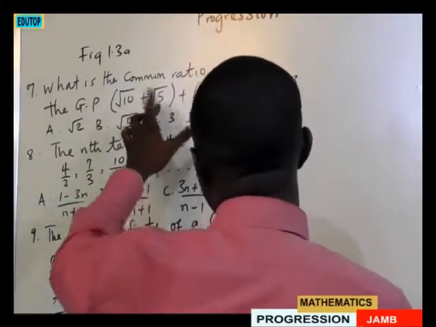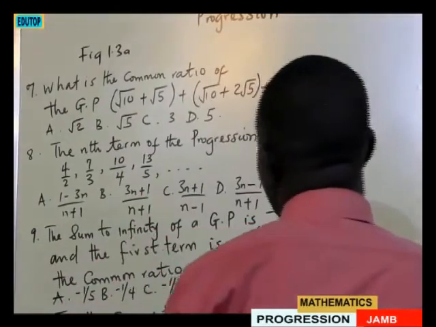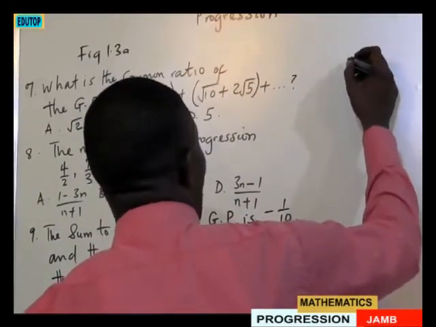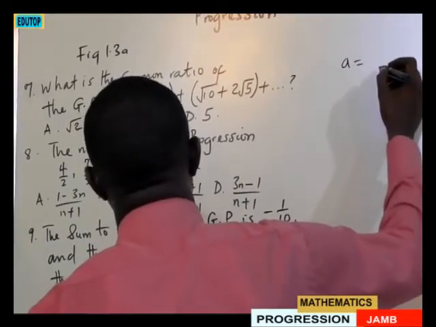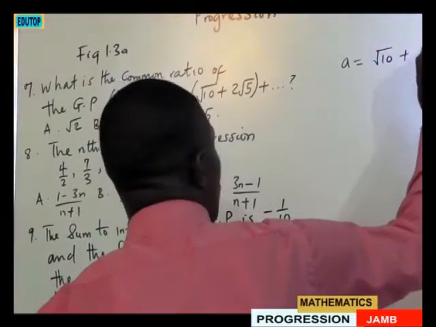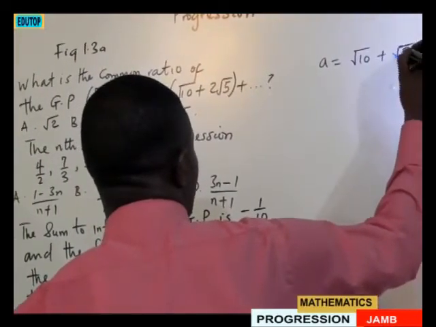So this GP is in surd form. For this particular GP, our first term is root 10 plus root 5.